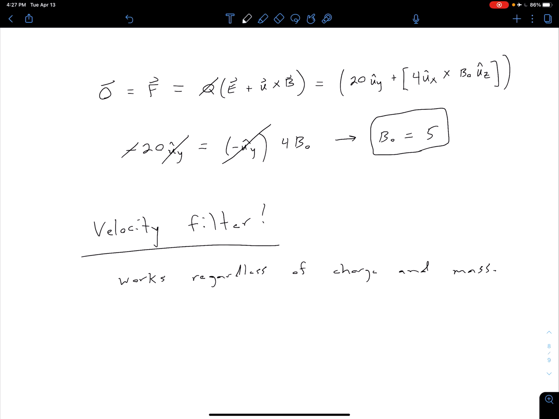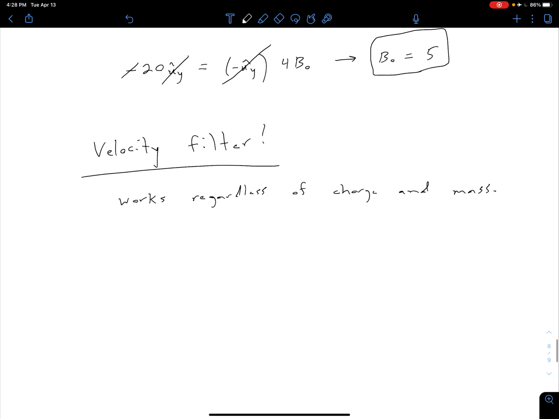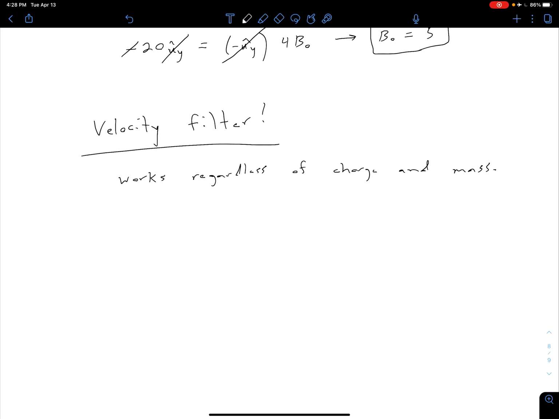This has a lot of interesting applications whenever you're dealing with ion beams. One thing we can relate that back to is ion implantation when we're dealing with semiconductor materials. But that's just the tip of the iceberg. There's a whole subset of physics devoted to ion beams and a lot of interesting applications.